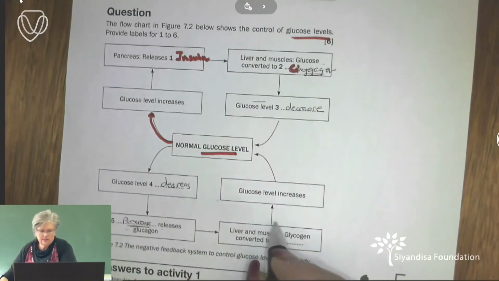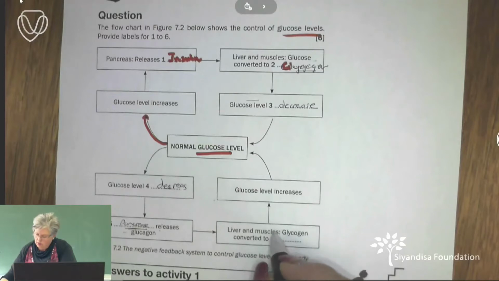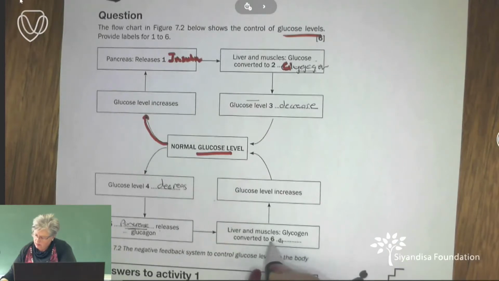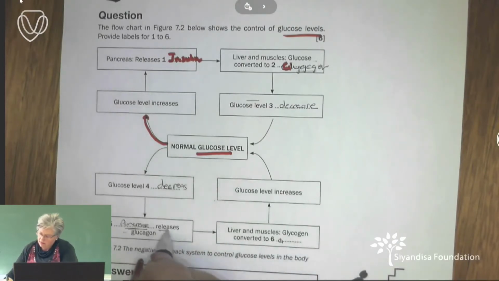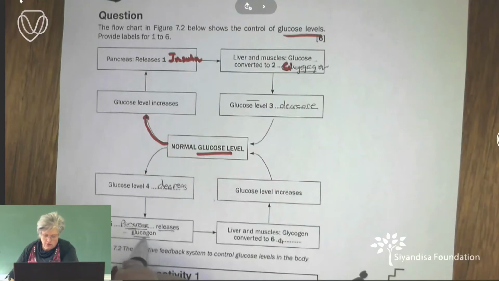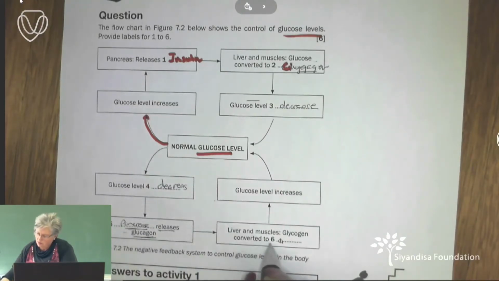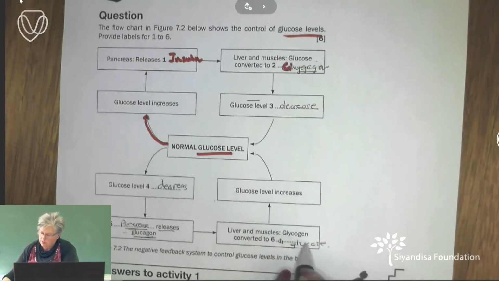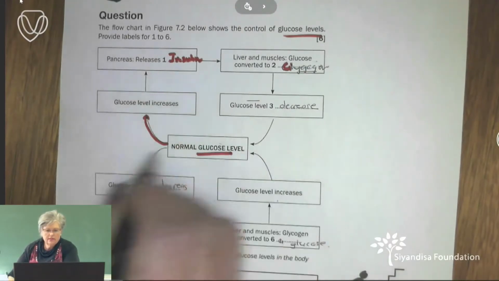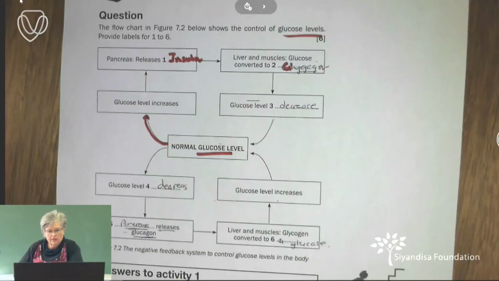It releases glucagon. What does the glucagon do? It converts the glycogen to glucose, and the glucose level increases, and we maintain the normal level.